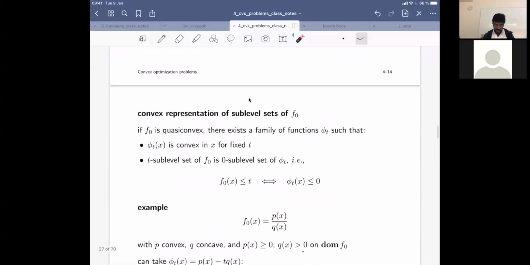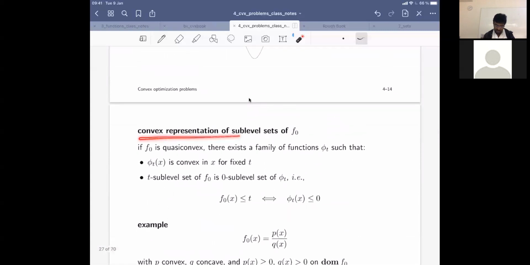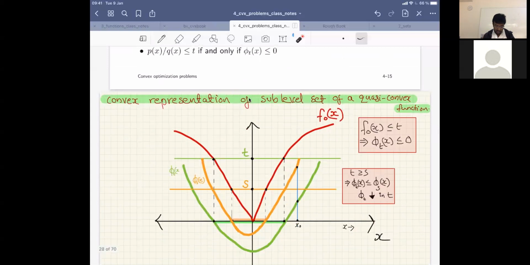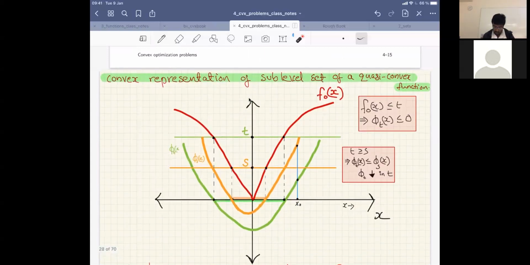One way of handling this is a convex representation of the sublevel set of F0. F0 is now our quasi-convex function. So let's consider this quasi-convex function F0(x). What is the sublevel set of this function?